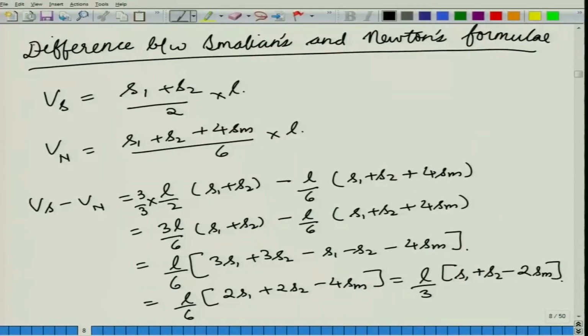So, this is the difference between the Smalian and the Newton's formula.